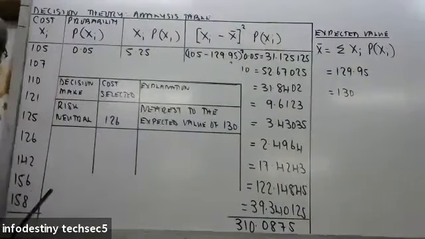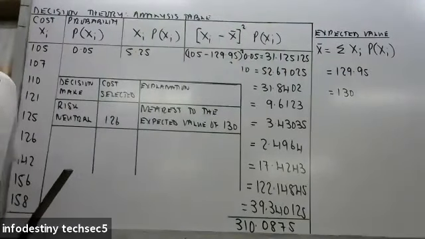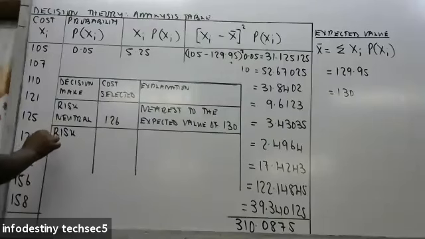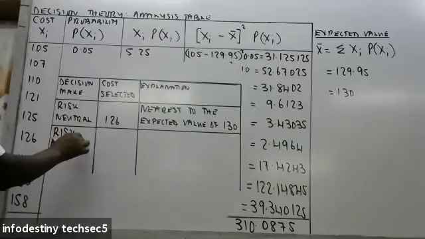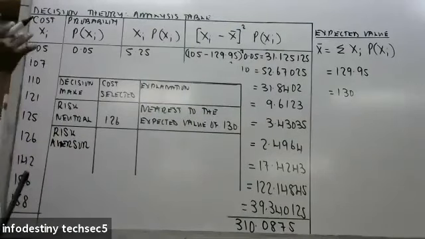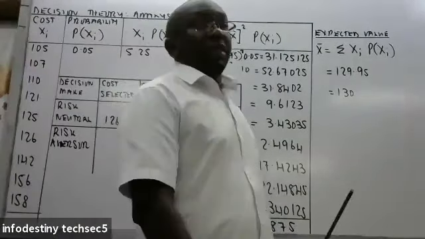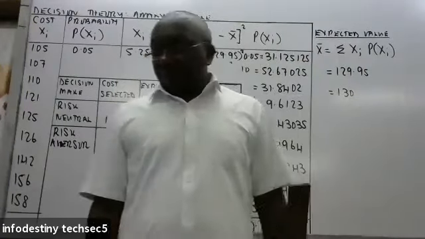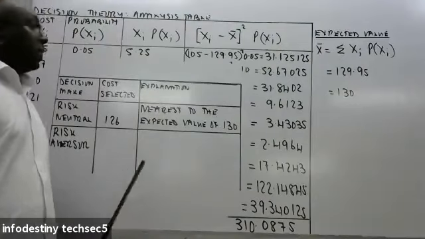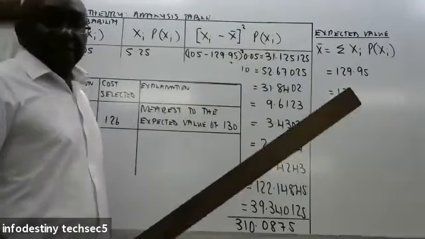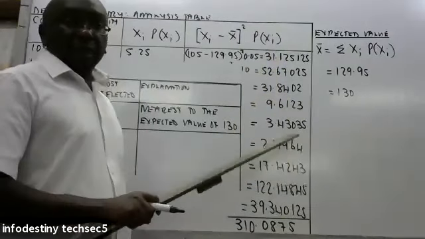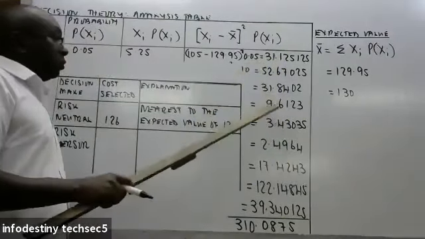The next one is called risk averse. Risk averse, they are fellows who go for the smallest risk. So remember, risk is measured using variances. So you look at this column, you pick the smallest.